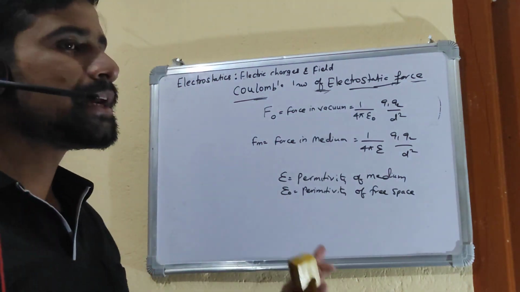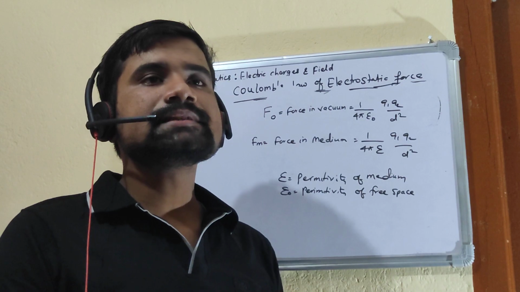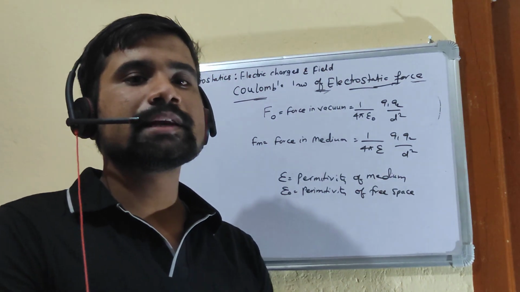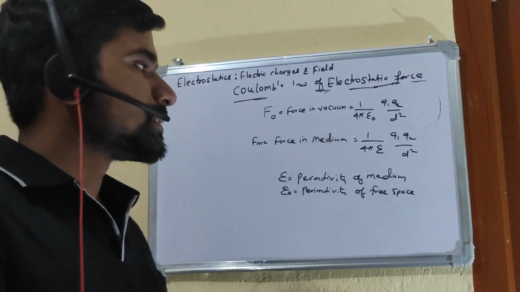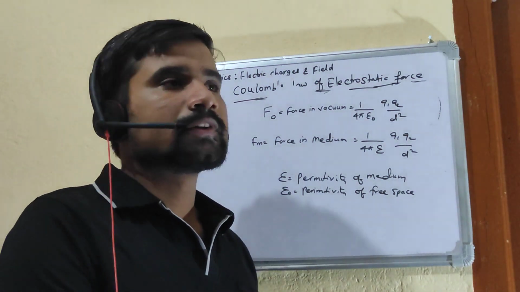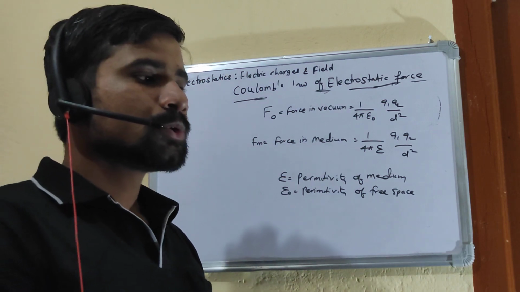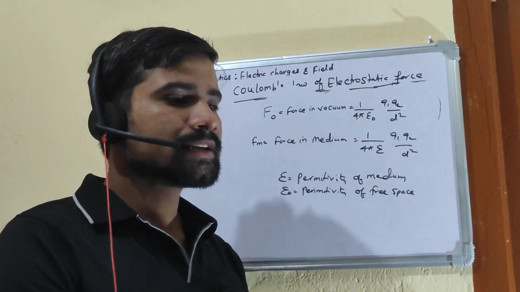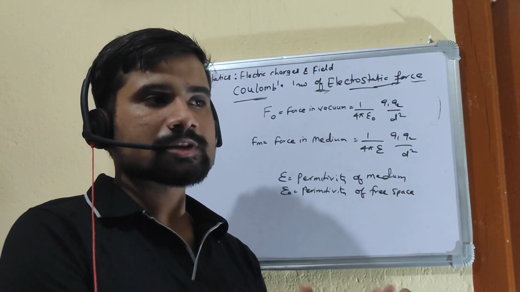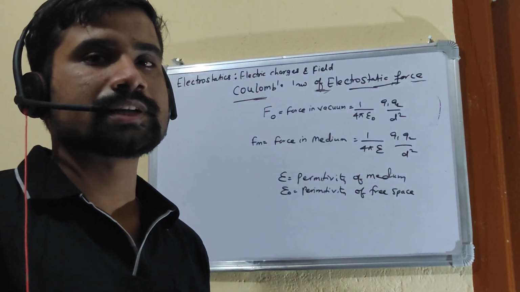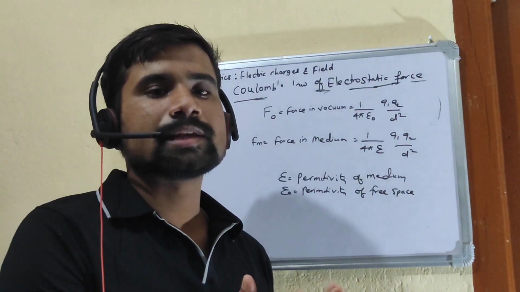The name permittivity itself suggests that it is the tendency of a medium to permit the flow of charge through itself. You can assume that if two charged bodies are placed in vacuum, there is no intervention. But if other atoms and particles are present between those two charged bodies, there would be intervention from the medium as well.